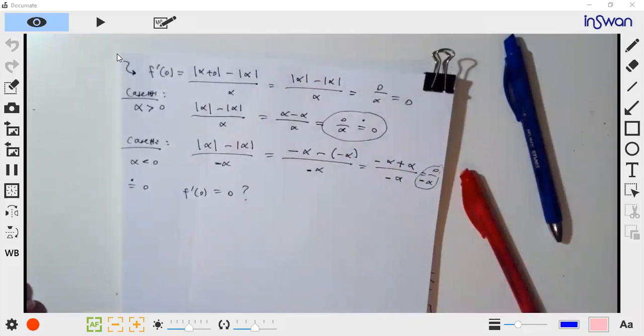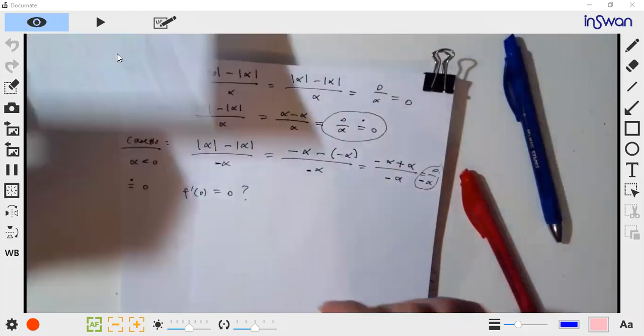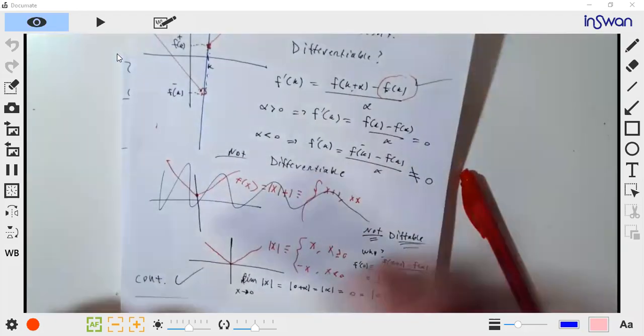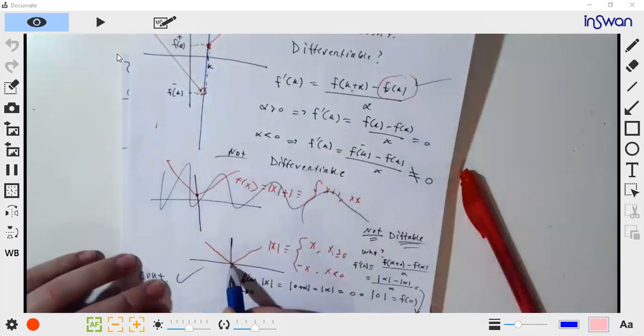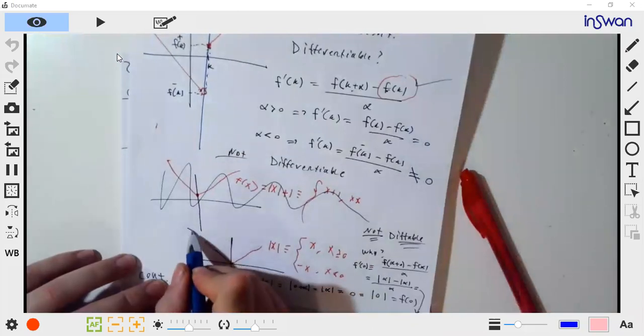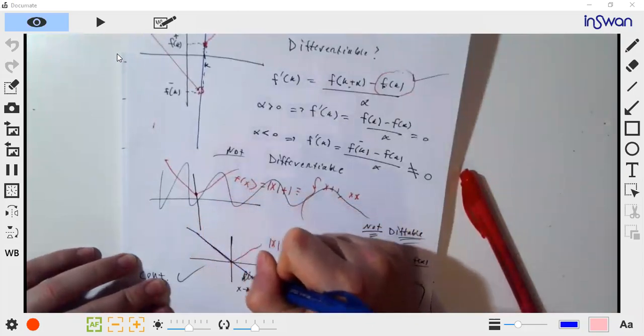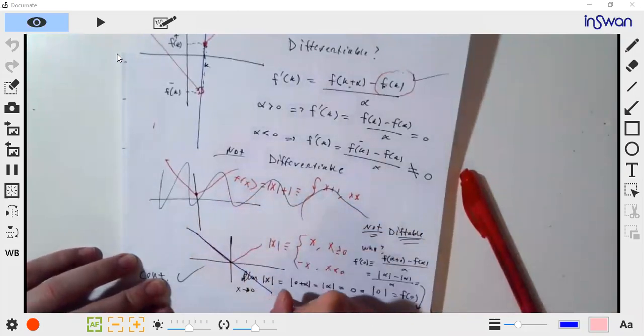And you can visually see that from the absolute value function. Notice that the slope of the tangent line a little to the left of 0 will be this, -1. The slope of the tangent line is equal to -1.